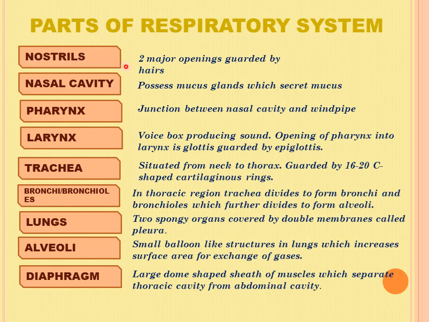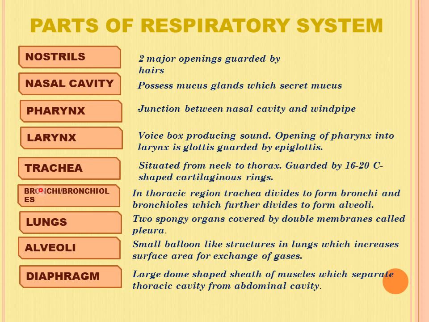We discussed nostrils, the two major openings guarded by hairs; the nasal cavity, which possesses some mucus glands for the trapping of dust particles; then the pharynx, the junction between the nasal cavity and windpipe; then the larynx, the voice box producing sound, which has a region called the glottis guarded by the epiglottis that we have already discussed in our digestive system; then the trachea, a part situated from neck to thorax and guarded by 16 to 20 C-shaped cartilaginous rings.